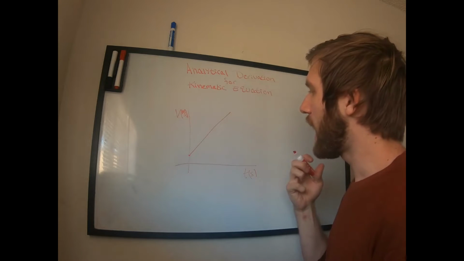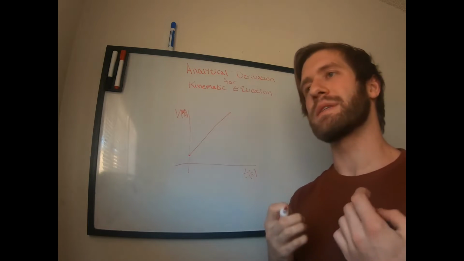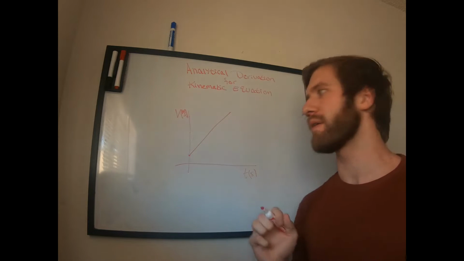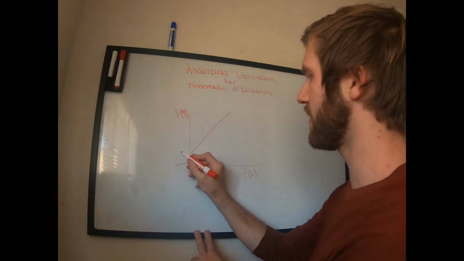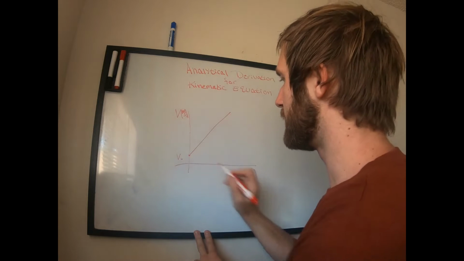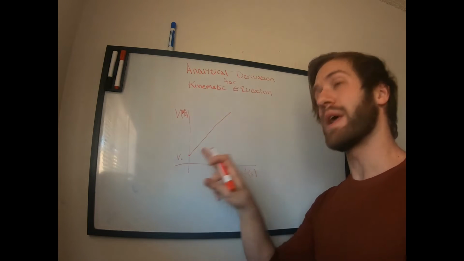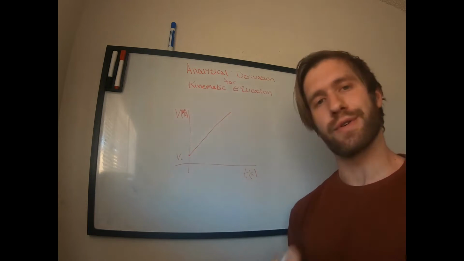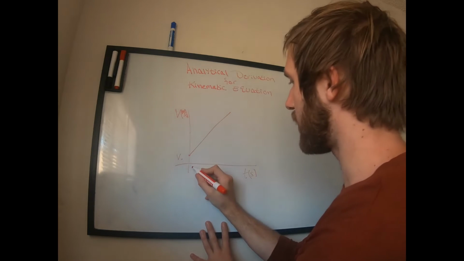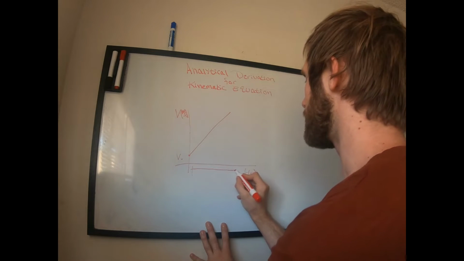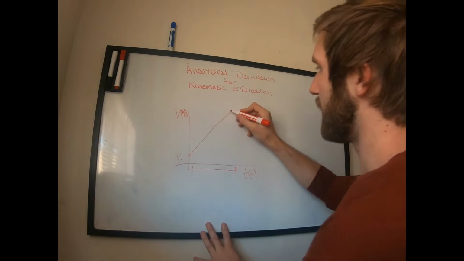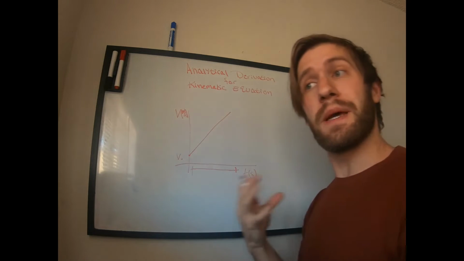Now, how can we go about expressing an equation to fit this graph? As we can see here, we have our initial velocity represented in the notation v naught. That's what that little circle is. Our elapsed amount of time will keep going until we reach the region at which we want to measure.